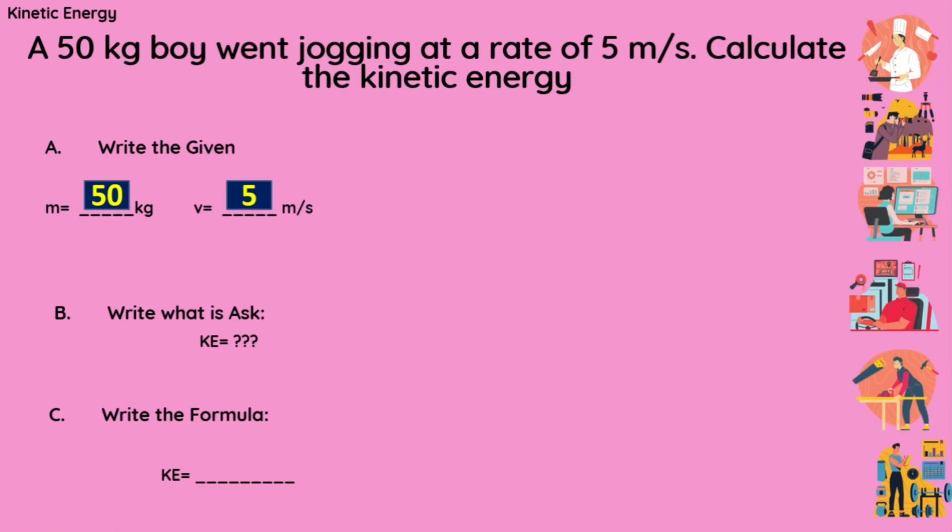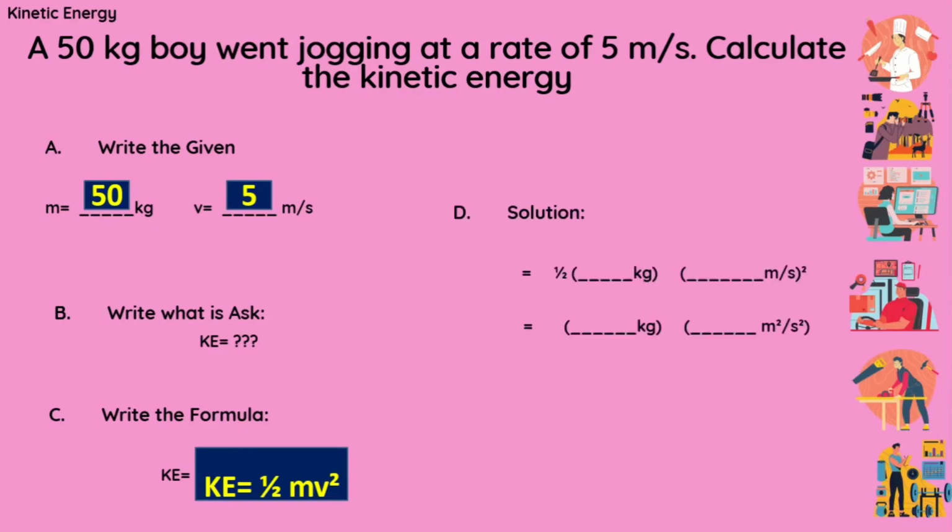Letter C, write the formula. Like what I have said earlier, lagi niyong tatandaan yung formula. That is, kinetic energy is equal to 1/2 mv squared. Followed by the solution. So we have to replace the variables in the formula with the givens. 1/2 times the mass, which is 50 kilograms, multiplied by the velocity, which is 5.